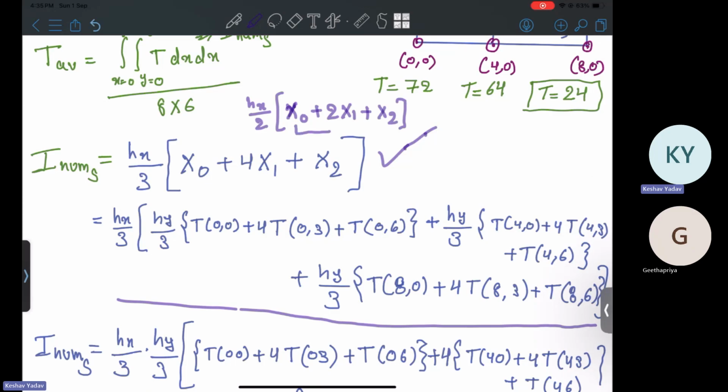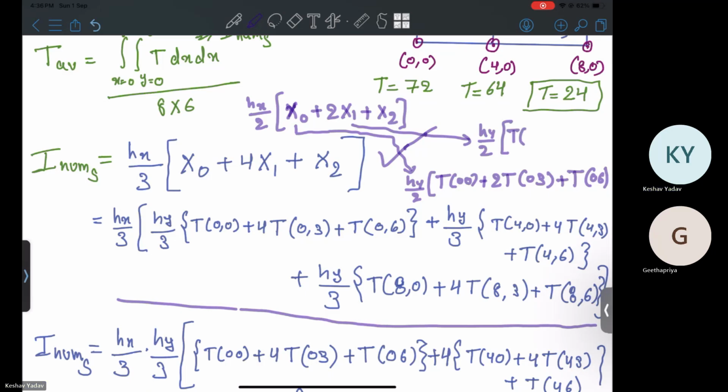Now if I put here X1, that X1 will be what? hy by 2, T(0,0) plus 2 times T(0,3) plus T(0,6). Similarly, X2 will be what? hy by 2, second vertical line, T(4,0) plus 2 times T(4,3) plus T(4,6). Got it?